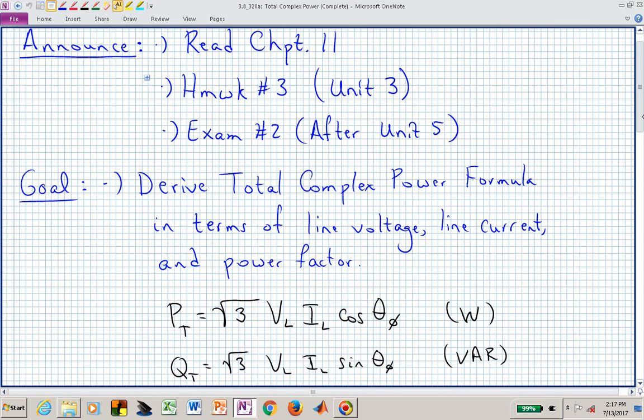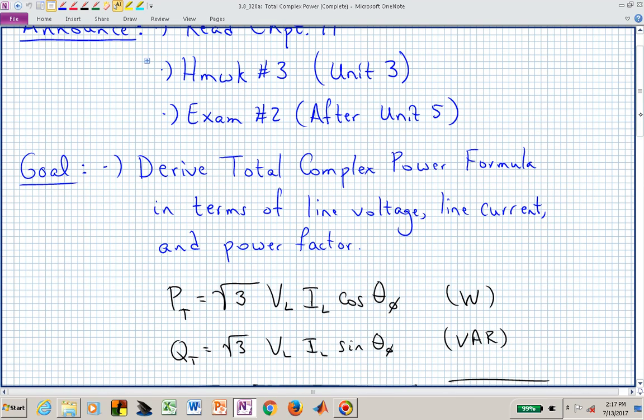In this video, we want to derive the total complex power formula when we have a line voltage and a line current magnitude given to us, and then we might have the power factor, or we might have the impedance, which gives us the angle of our impedance.